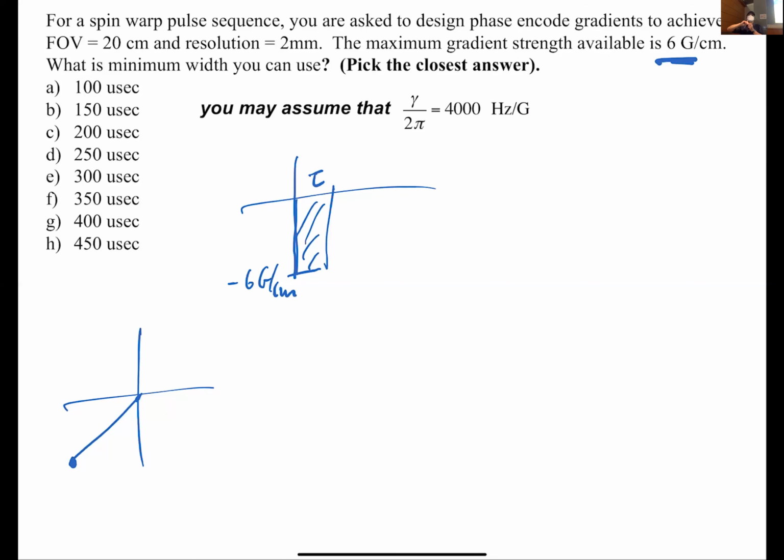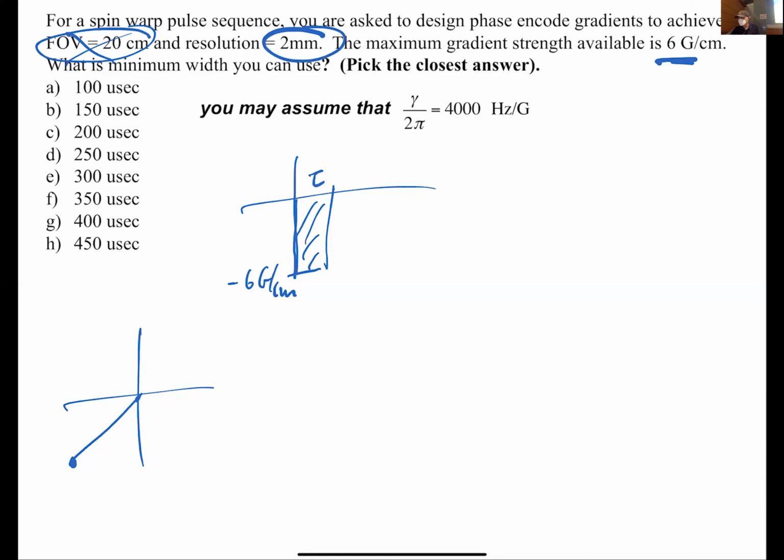Now that we know we want to move way out in k-space, what do we care about? We care about the width of k-space, right? So now the relevant parameter is not FOV, but resolution. It means that my answer has nothing to do with FOV now, because I'm trying to figure out how quickly I can get out to the edge of k-space, and how far I need to go out depends on my resolution.